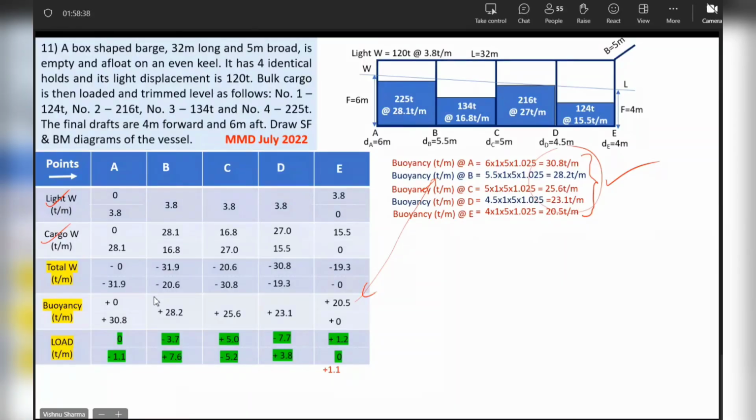The only new thing that has come is the calculation of buoyancy per unit length at each of the stations because of the varying draft. Clear, bachcho? Is that good, bete?